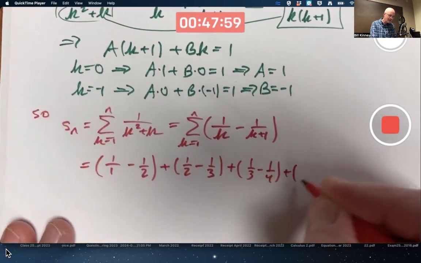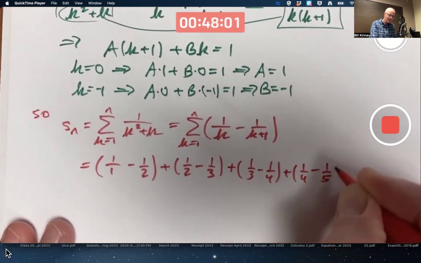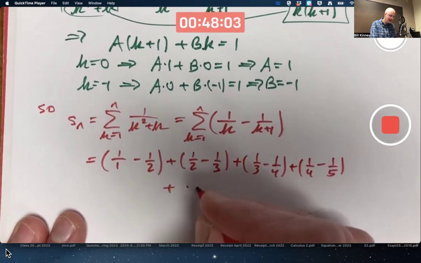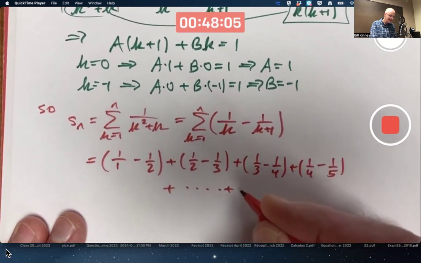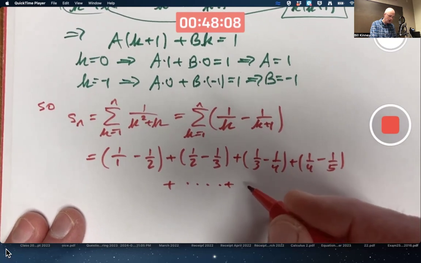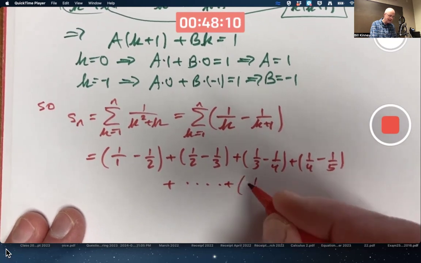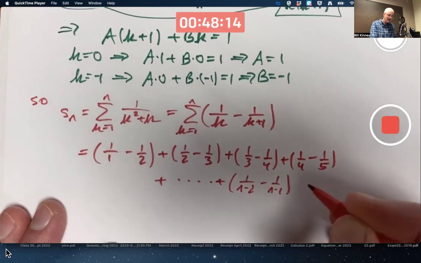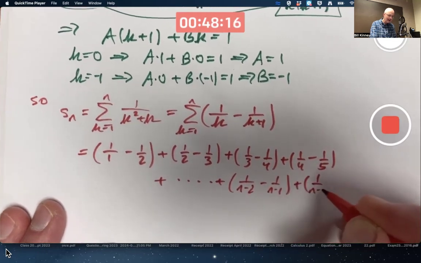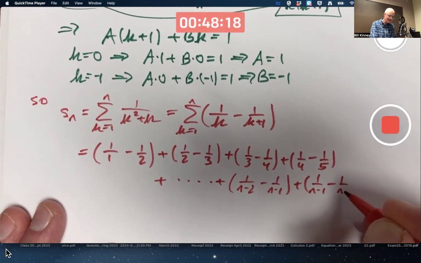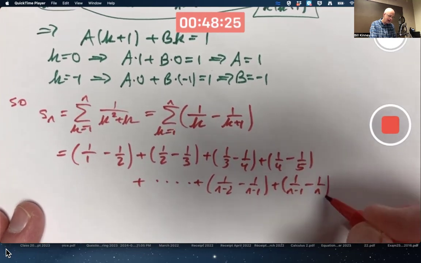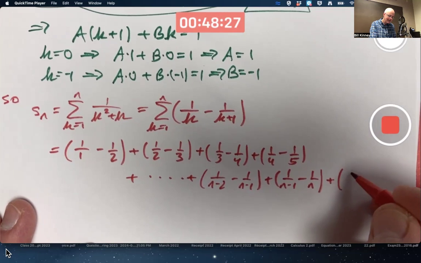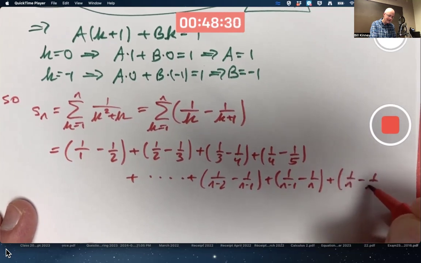When K is 4, it's 1/4 minus 1/5. Keep going... Let's write the last three terms. When K is n minus 2, it's this. When K is n minus 1, it's this. And when K is n, it's this.